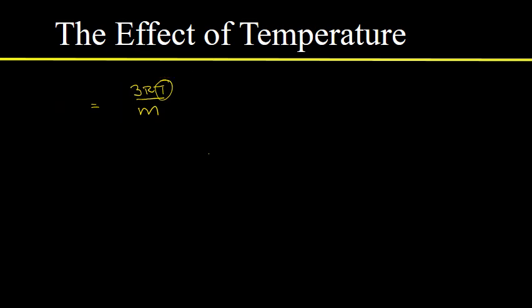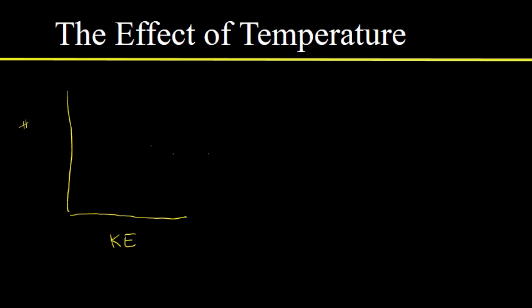The second part has to do with, again, really from the same section a few chapters ago. You might remember we were talking about kinetic energy of molecules. And if we plotted the kinetic energy of a group of molecules versus the number of molecules with that particular kinetic energy, we get this curve, which we call the Boltzmann distribution.